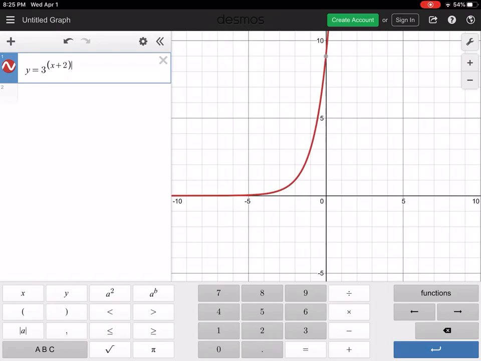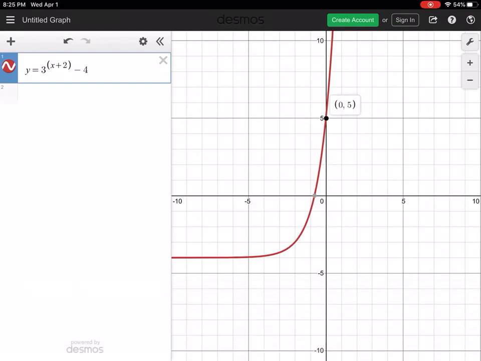There we go. I guess I have to put those in parentheses, then jump over and then do -4. All right, so you can see what we're talking about there. There's the asymptote at y equals -4, and here's a y-intercept right there. There's an x-intercept if you need it. This basically gives you an idea. This graph is increasing from left to right, and it's also a growth problem still.